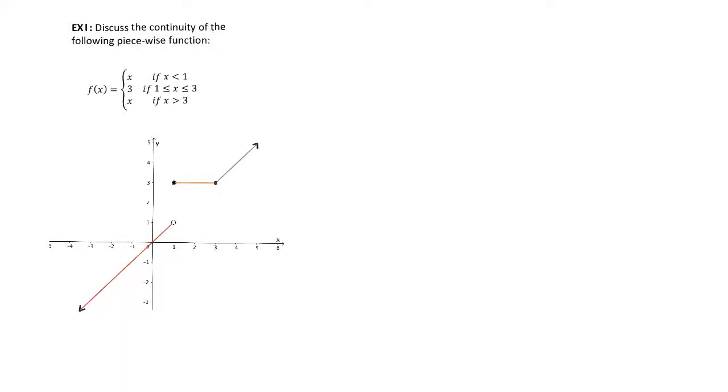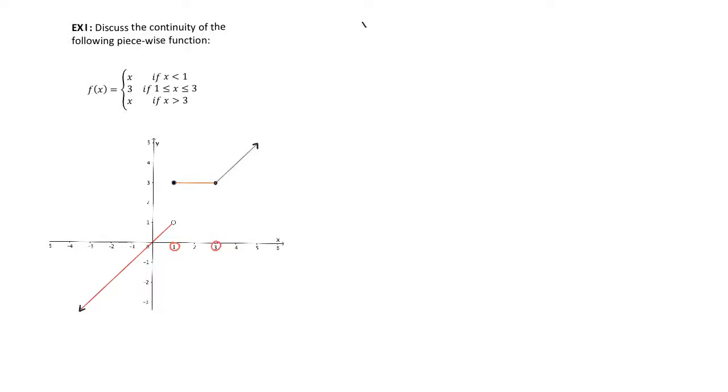I just have to worry about the transition points. x equals 1, there's a lot going on there. x equals 3, there's also a lot going on there. So is the function continuous at 1? Is the function continuous at 3? Everywhere else, the function is continuous. My only concern is what happens at 1 and what happens at 3.